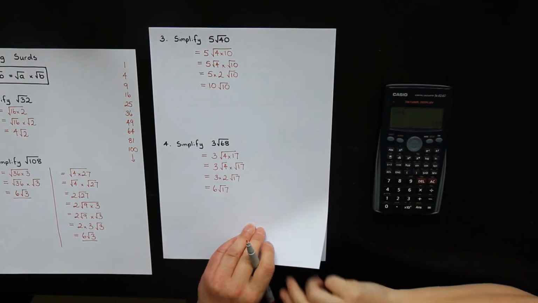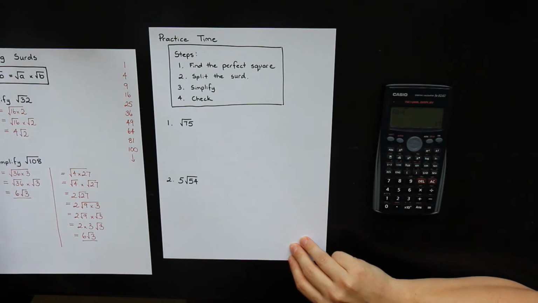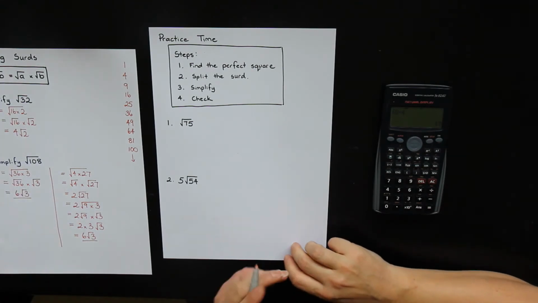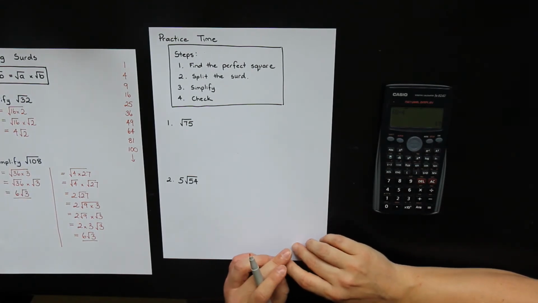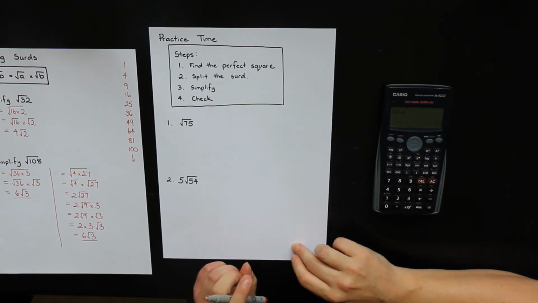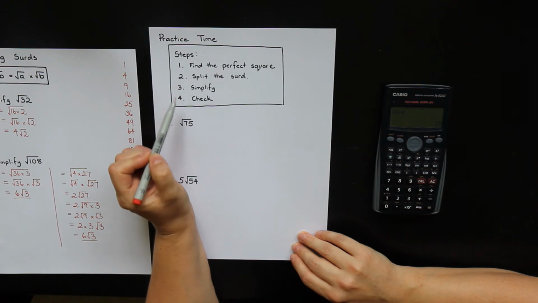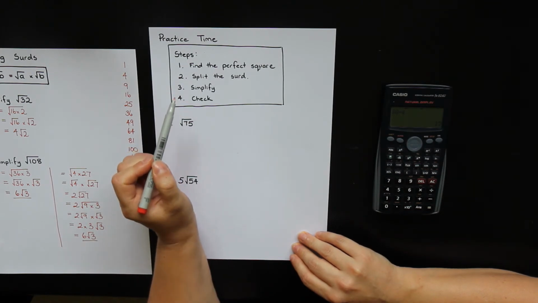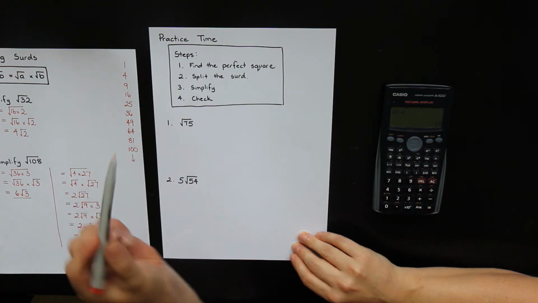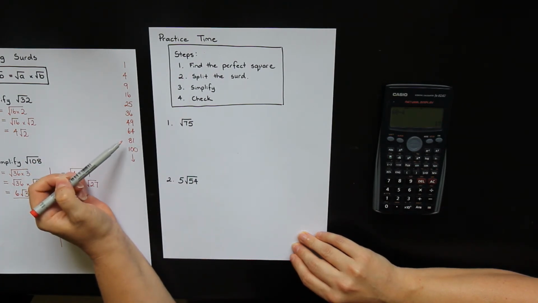All right, so now we get to the point where it's time for you to have a practice. So if you could have a piece of paper and a pen. To help you out, I've broken this down into 4 steps for you. So the first thing that we do when we do one of these questions is we find the perfect square that's going to help us.